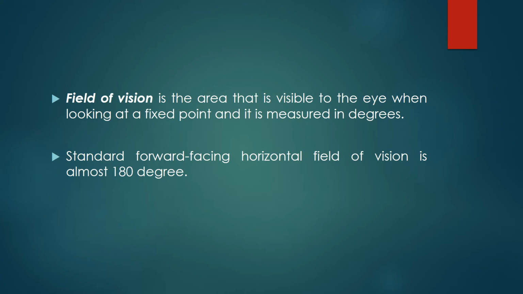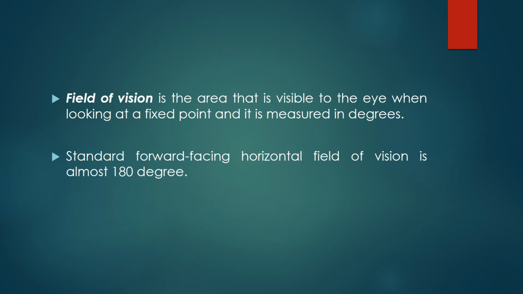That is a 180 degree half circle. That is the area which a person can commonly see, looking from left to right in the same position.